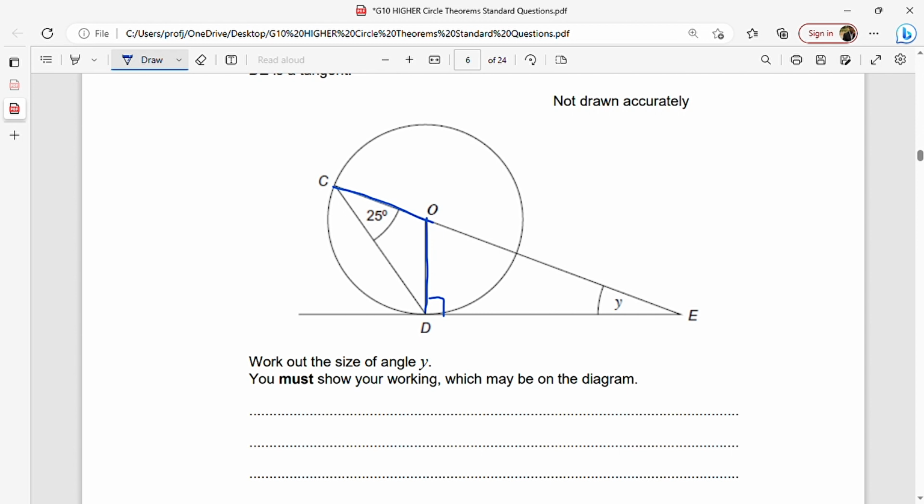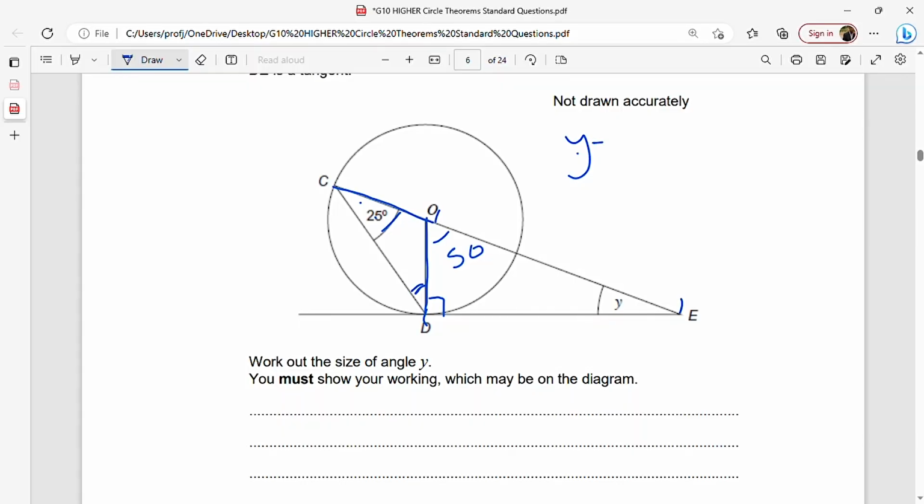So we already have that part. And then this is also a radius. This is a radius. It means this angle and this angle will be equal. Here is 25, so this part will also be 25. The sum of these two 25s will give you this external part. 25 plus 25, that's 50. So you now have triangle OED.